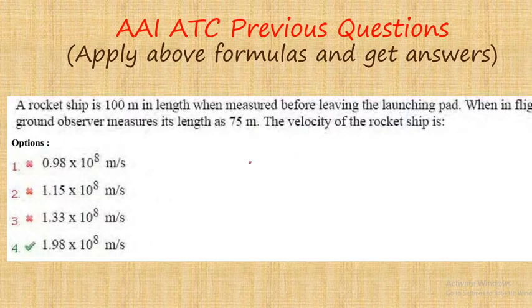Now you know what we have: the formula L equal to L naught, for length contraction, into root over 1 minus V square divided by C square, right? So you just need to substitute the value. So what do we have?